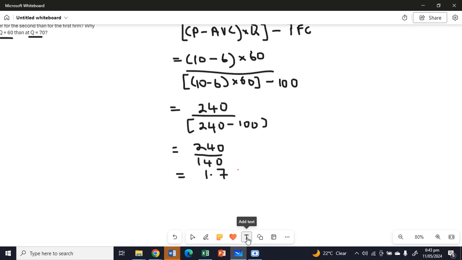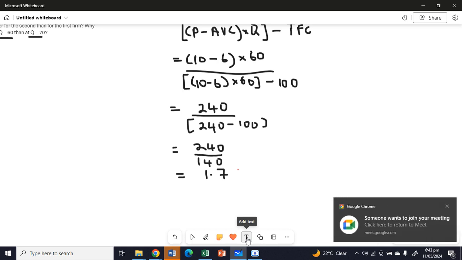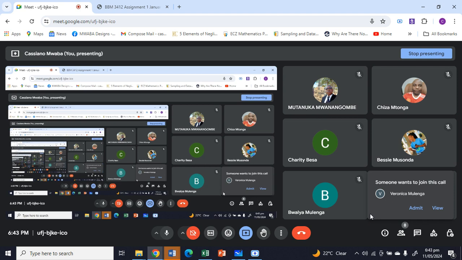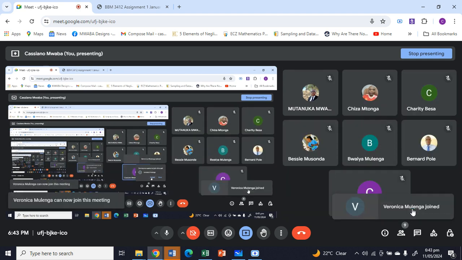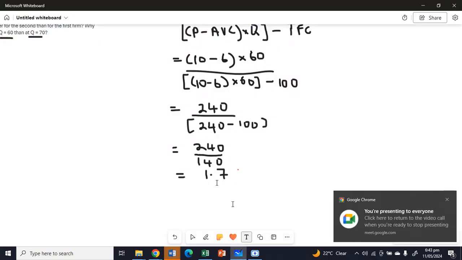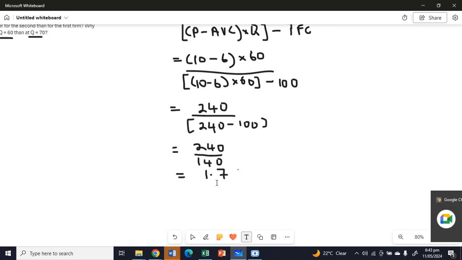If sales decrease by 1%, our operating income also decreases by 1.7%. That's how you interpret the number that you get when you do your calculations. So our degree of operating leverage is 1.7, meaning if sales increase by 1%, operating income increases by 1.7%, and if sales decrease by 1%, operating income is going to decrease by 1.7%.